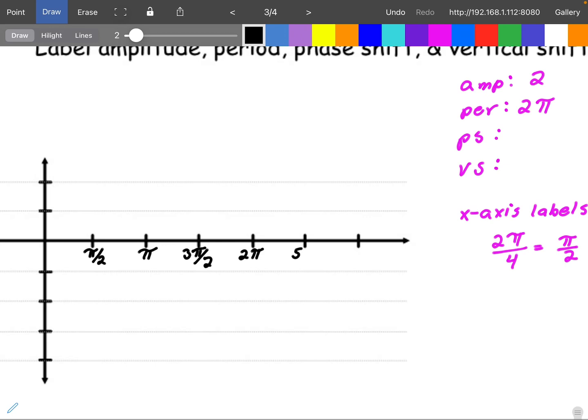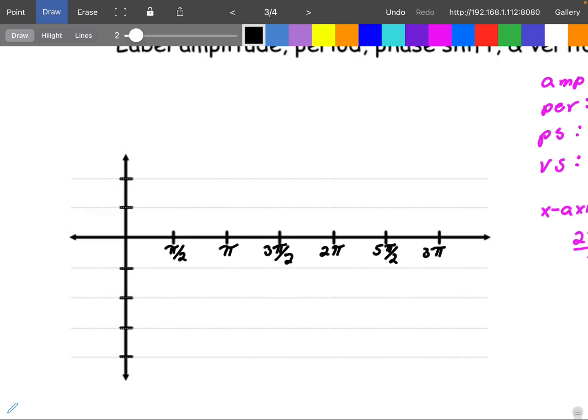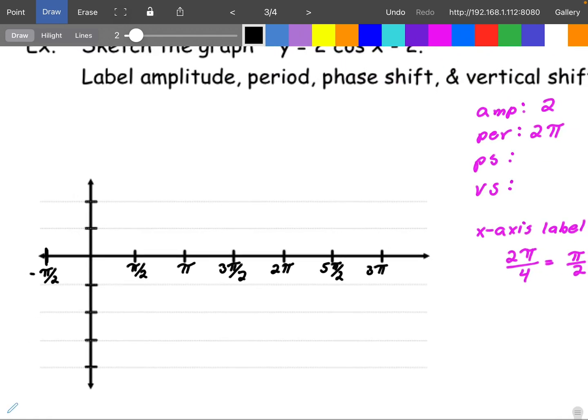That was 4 pi over 2, so next we have 5 pi over 2, 6 pi over 2, which is 3 pi, and then I'm out of marks. If I needed to go backwards, which sometimes we will have to depending on our phase shift, remember it would go negative pi over 2, and then negative pi, negative 3 pi over 2, and so forth.